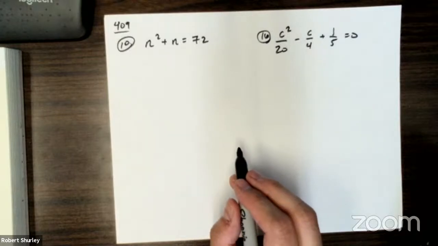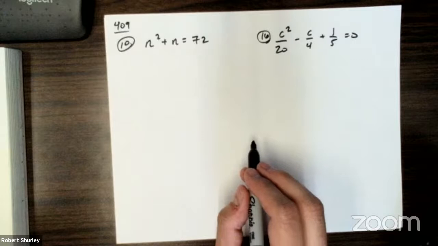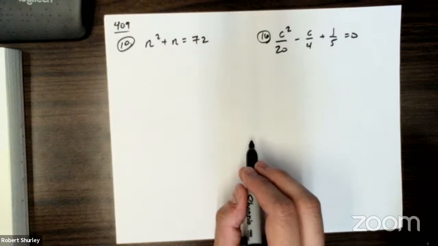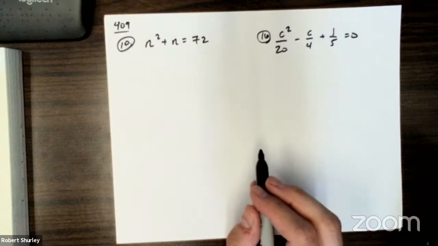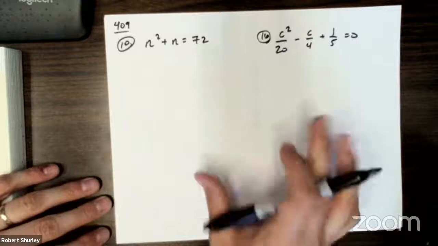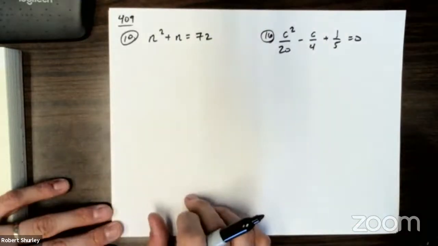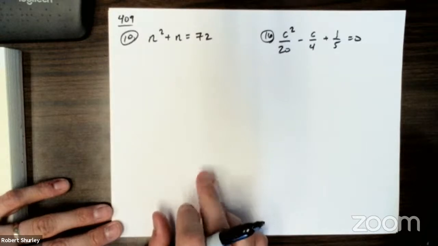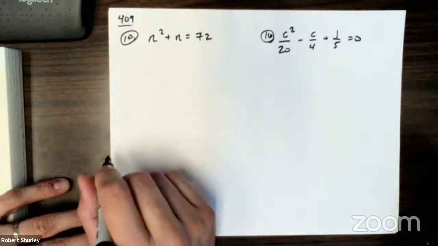And then steal another example from the book. Let's do 38.